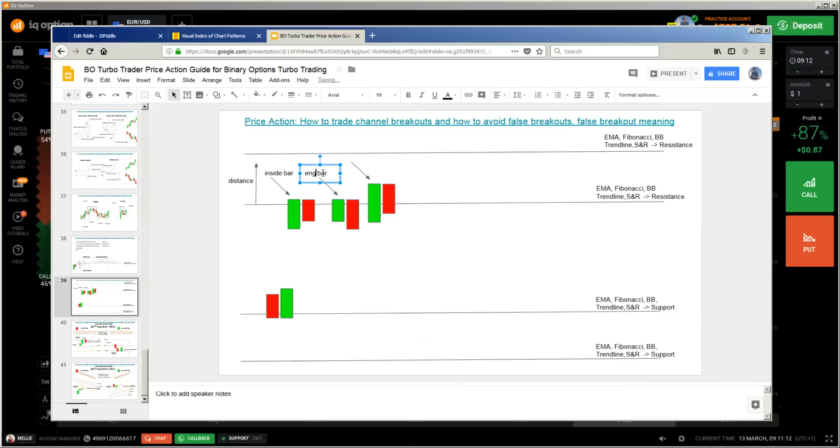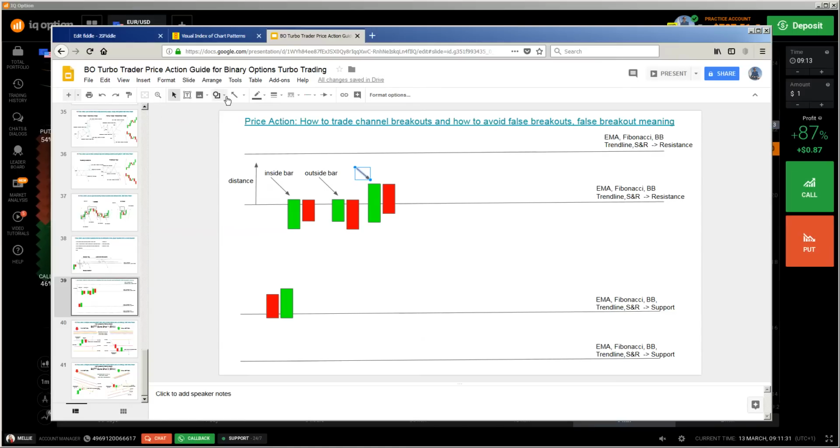This is an engulfing candle or outside bar. Yes, outside bar. I call it outside bar, so you can remember it better. Then we have another one, and this can also be an inside bar or an engulfing candle, both.